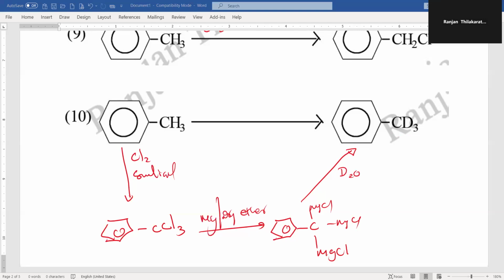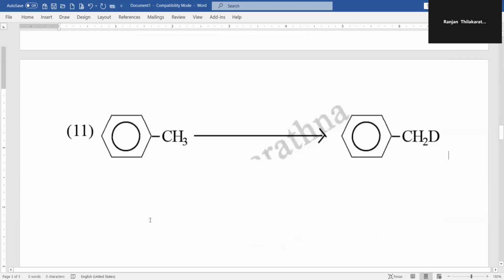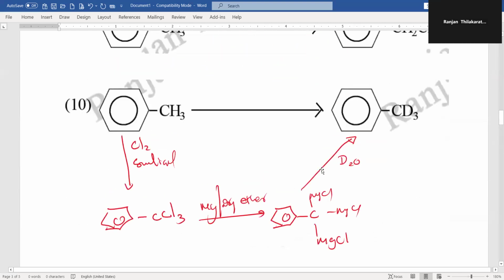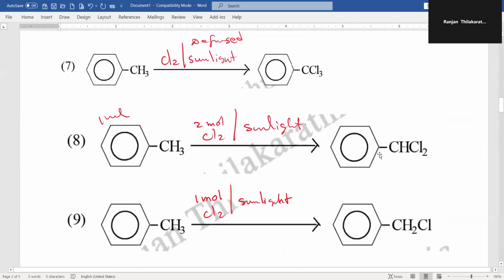Then the 11th one. This is just to refresh your memory. Here again the same thing. What you have to do is prepare this using the same method as the 8th one.